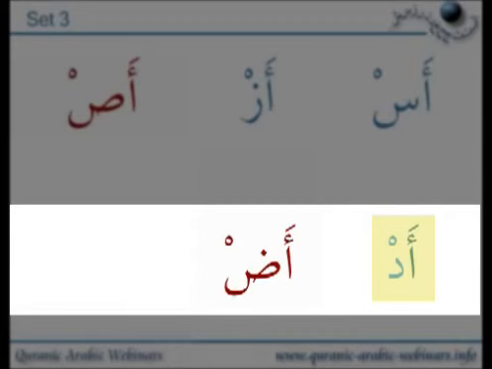Okay, so you've got to put a bit of an echo in there. And then we have the dad, which is not qalqala, but it is tafkhim. So it's ad.